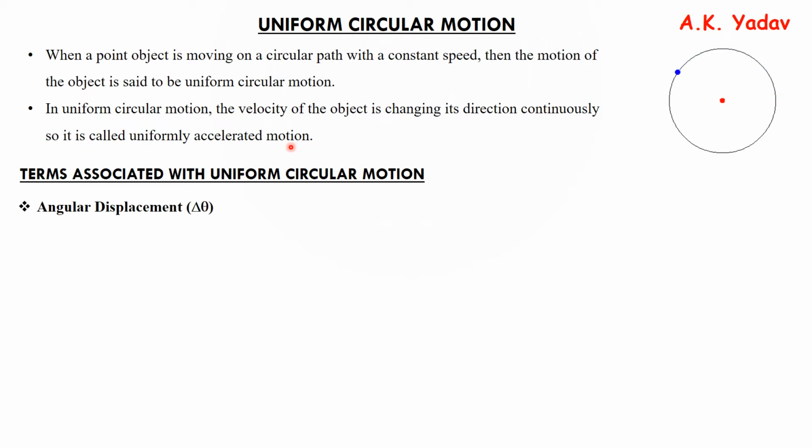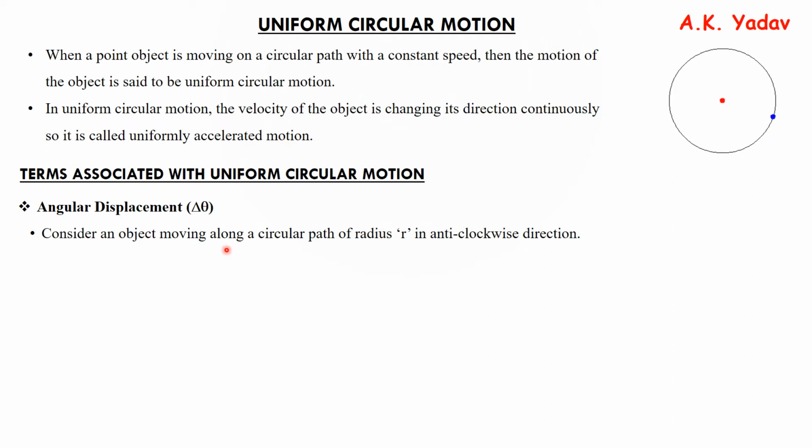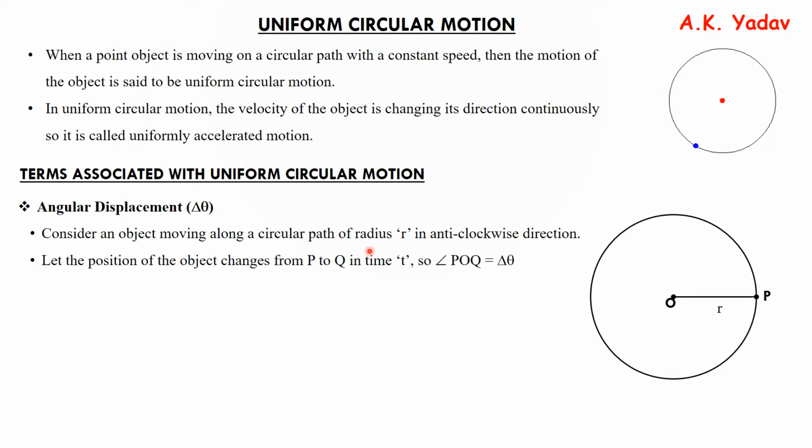Now, what are the terms associated with uniform circular motion? The first one is angular displacement, represented by Δθ. Let us consider an object moving along a circular path of radius r in anti-clockwise direction. Now OP is radius r.